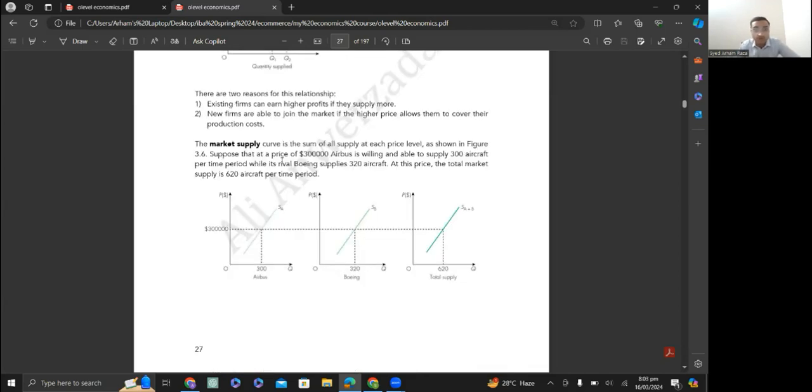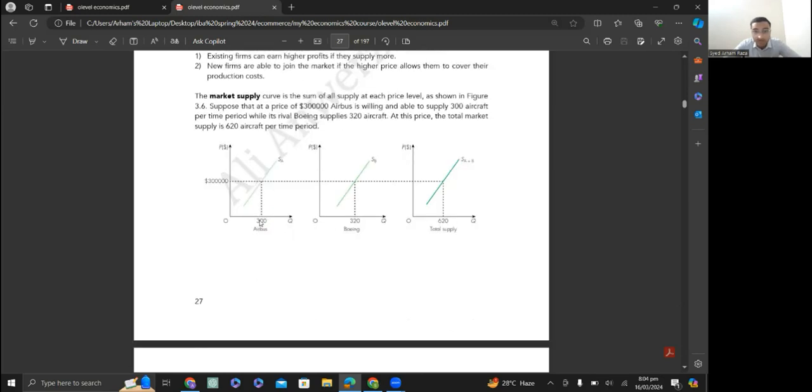Now, if we come towards the market supply, similar to market demand, the market supply is when you add the overall supply of the different firms to get the total supply of the industry, which will be your market supply. Here there are two firms, Airbus and Boeing. When you add their supply, that is 300 and 320, you will get the total supply, that will be your market supply.